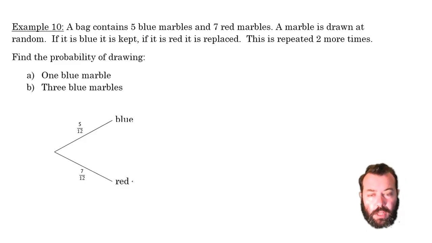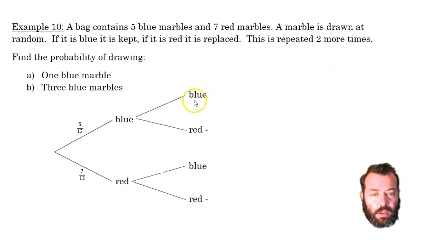Now the second ball comes out. Let's say the first ball was blue. Then I could draw a blue or a red, but if the first ball were blue, then now there are only 11 marbles left in that bag because I've taken one out and left it out.